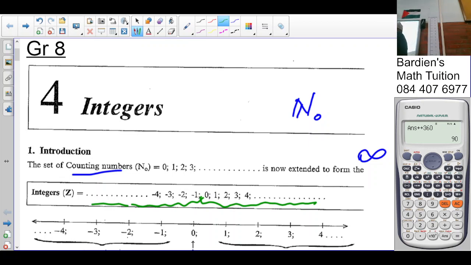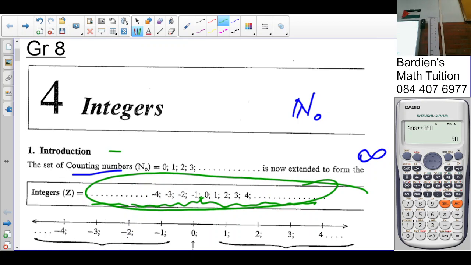Together, this whole set of numbers going from positive infinity to negative infinity, all those numbers are considered as integers. Do you see fractions here? No. Do you see a comma something here? No. So as you can see, it's whole numbers only, or counting numbers with their negative counterpart. You guys understand? So integers are positive and negative numbers.